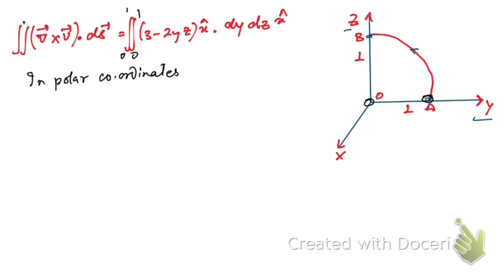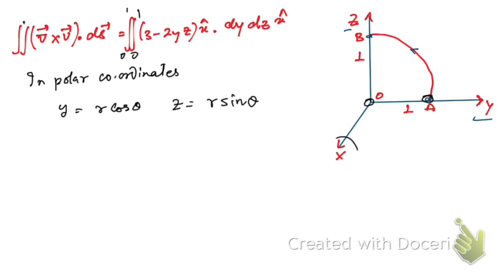Now in polar coordinates, if you consider this radial vector r and the angle theta, then y will be r cos theta, and z will be r sin theta.